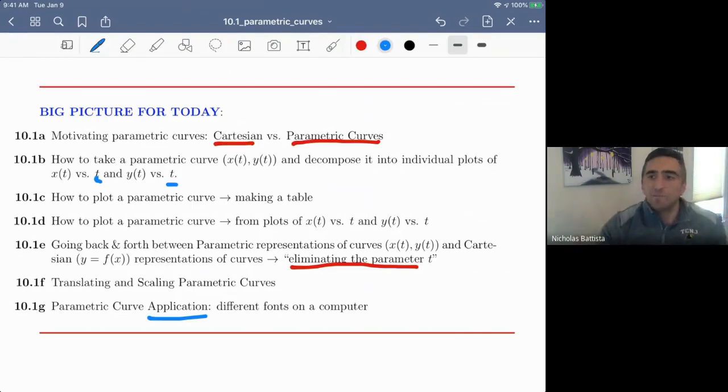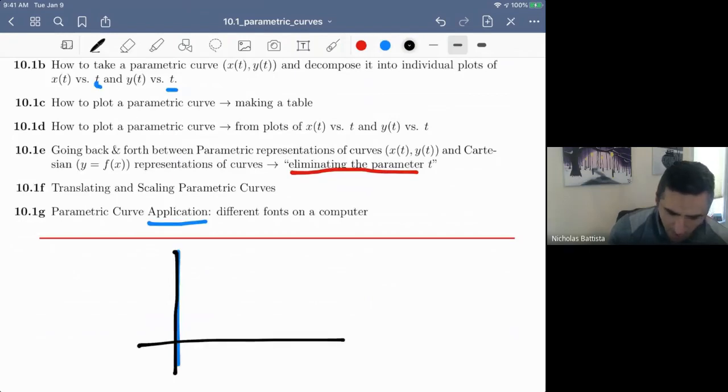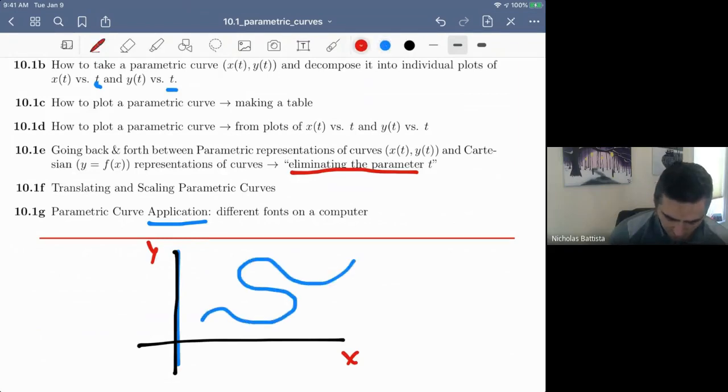And just to end this big picture, the way I think about parametric curves most naturally, at least for myself, is to imagine myself walking around an xy plane. My path could do a bunch of wonky things, and I'm drawing some arrows to indicate my path as I move around.